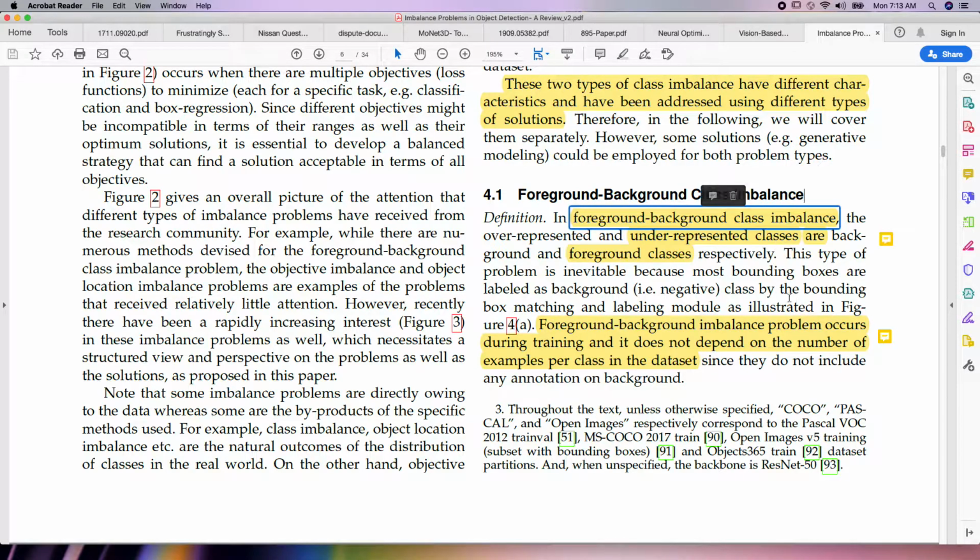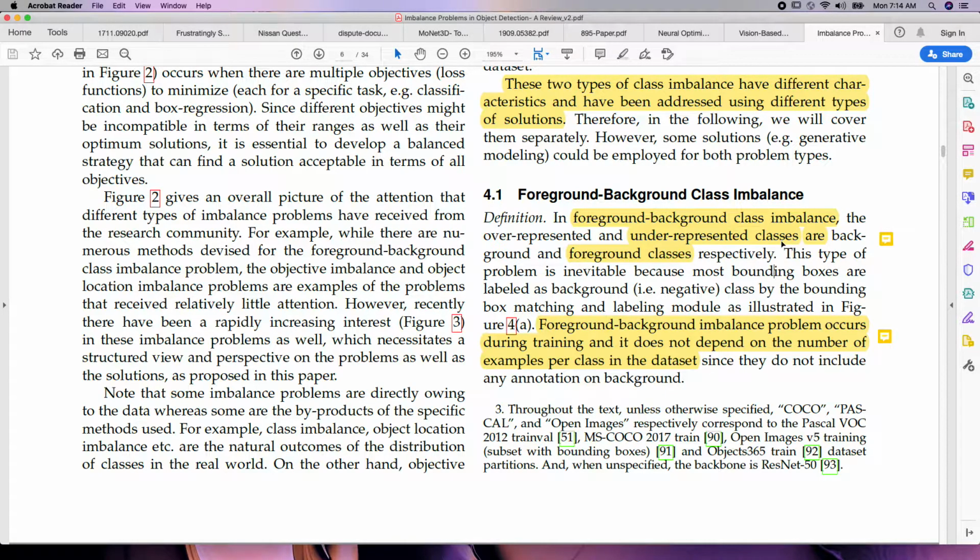The underrepresented classes are the foreground classes. That's actually where your objects are. But the background is overrepresented. You have too many background, too much noise, so they tend to overwhelm what is really your object of interest.